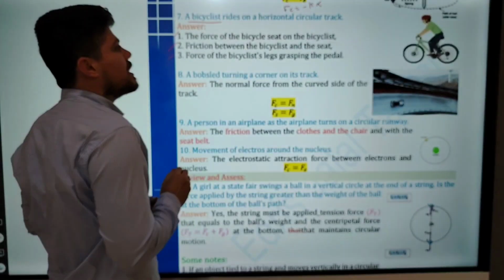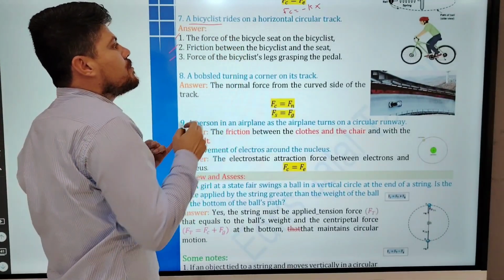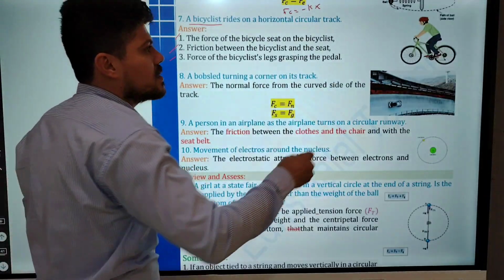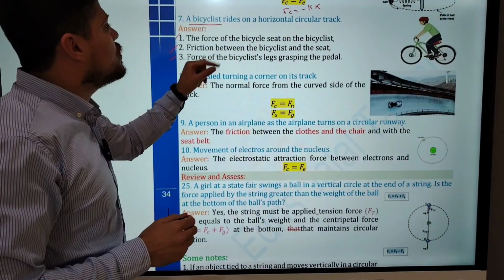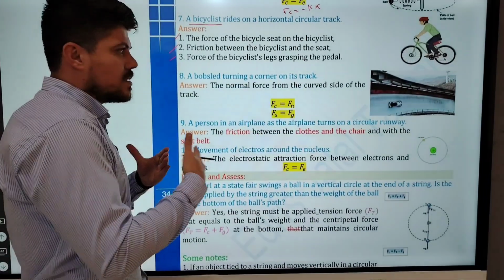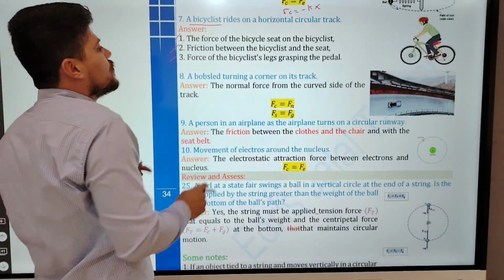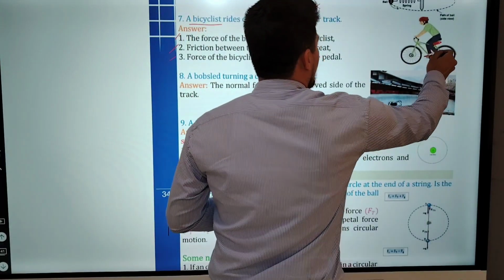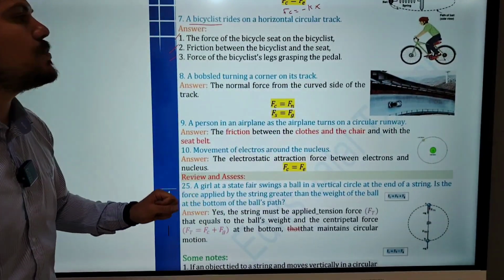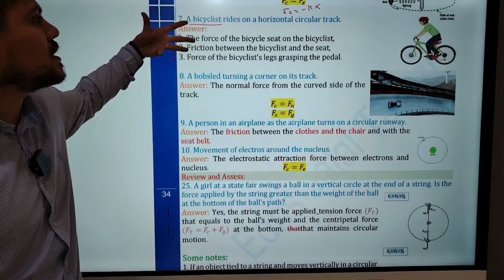We have three factors: the force of the bicycle seat on the bicyclist, the friction between the bicyclist and the seat, and the force of the bicyclist's legs grasping the pedal.